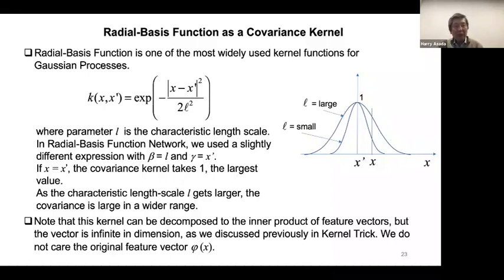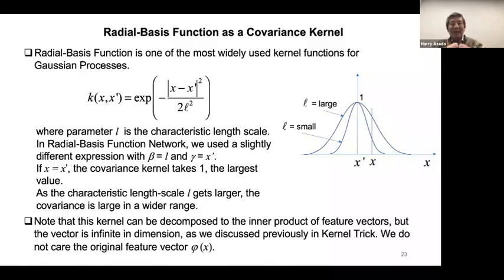As a characteristic length scale, note that this kernel can be decomposed into the inner product of feature vectors, but the vector has infinite dimensions, as we discussed previously in the kernel trick. We do not care about the original feature vector phi of x, but we just use this. And I'm saying this once again because remember that last time we decomposed this radial basis function kernel into two vector products.